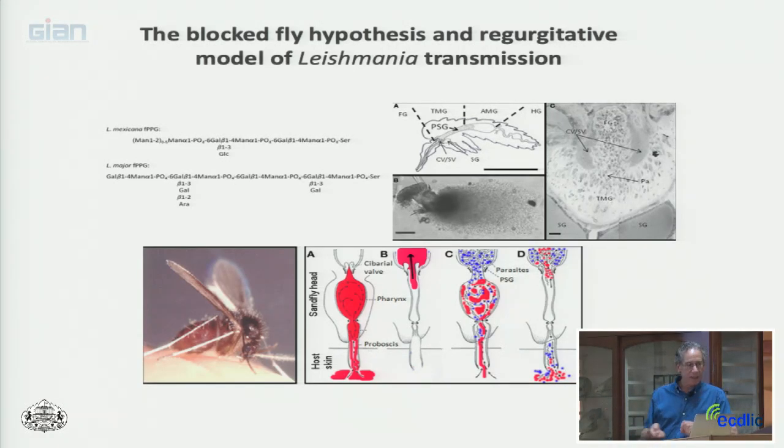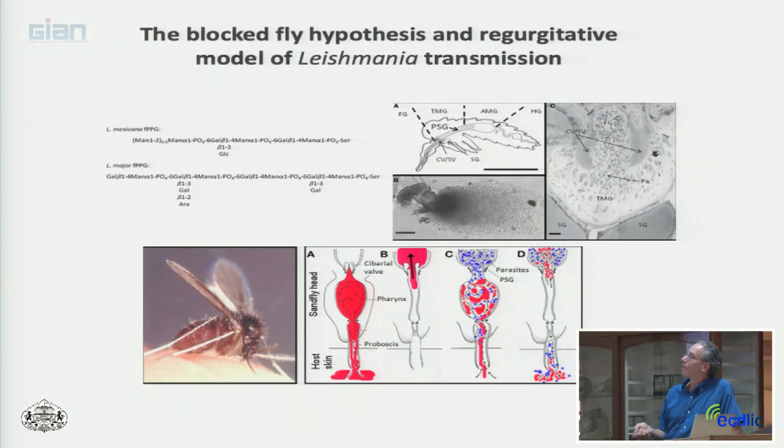And what facilitates that process is the secretion of one of these phosphoglycan-containing molecules called PSG, because it's this mucus-like material. It's this proteophosphoglycan that again has these phosphodisaccharide repeat units.